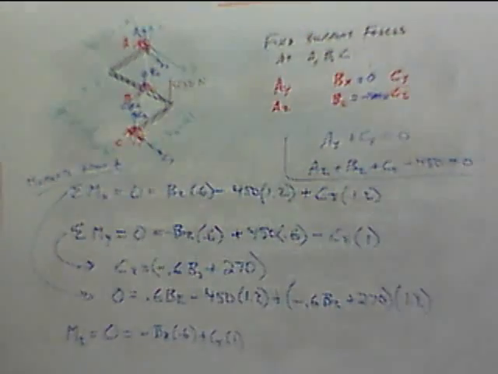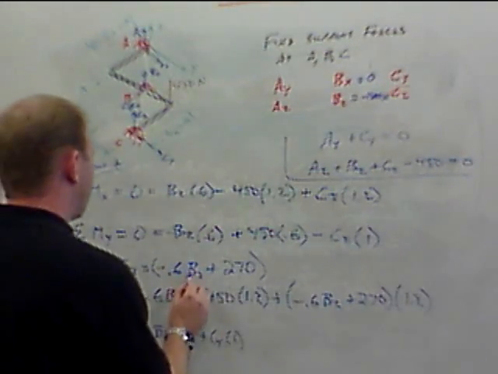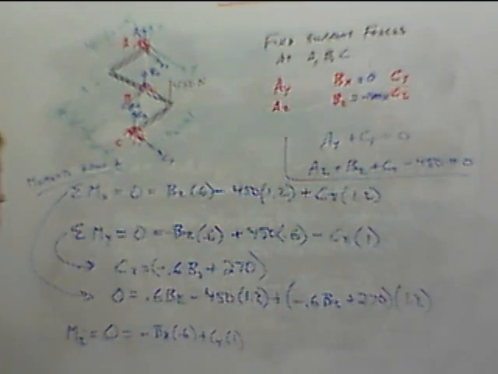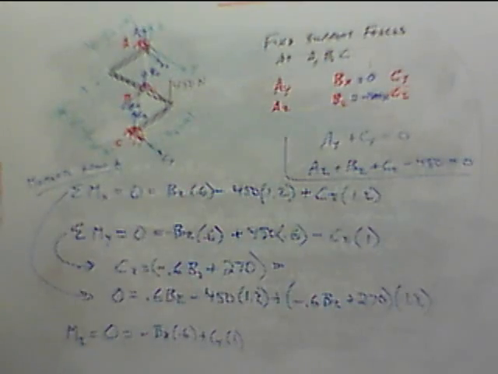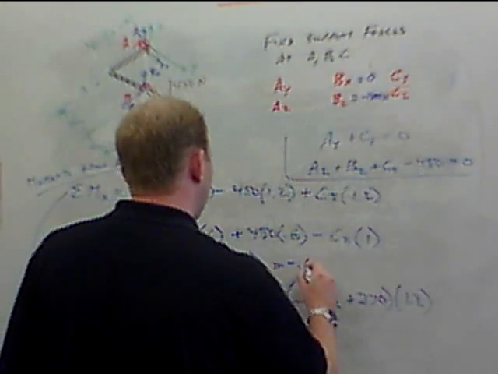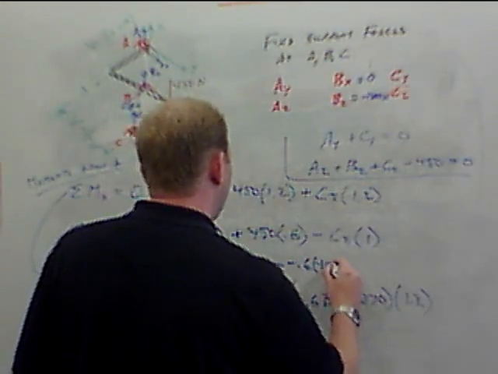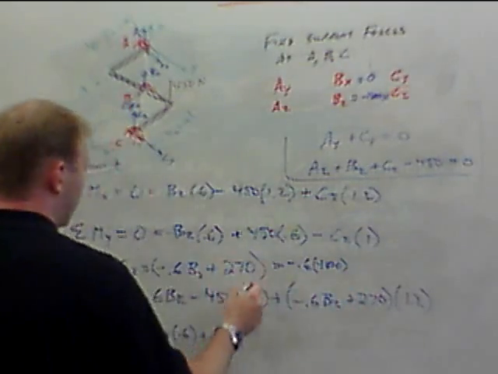Okay, Bz. So now we can go ahead and plug that back in here. So this equals 0.6 times negative 1800 plus 270.